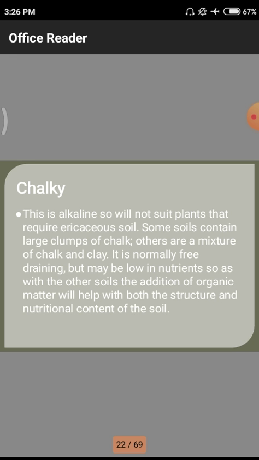First of all, it is alkaline. That means it will not suit plants in those particular soils. In a few conditions the plants will not grow easily because of this chemical nature.